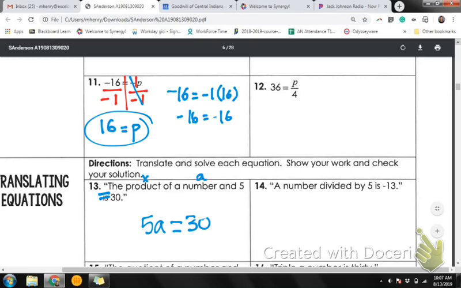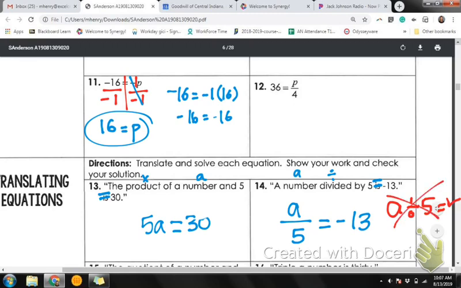Do we care what that number is? We're going to say A divided by, here's our 5. Is means equals in math, right? Okay, so a number divided by 5 is negative 13. If you wrote your division problem like this, A divided by 5 equals negative 13, I would not suggest that. This is what you guys are going to be used to seeing in your problems, so I would start writing it that way. A divided by 5 is negative 13.